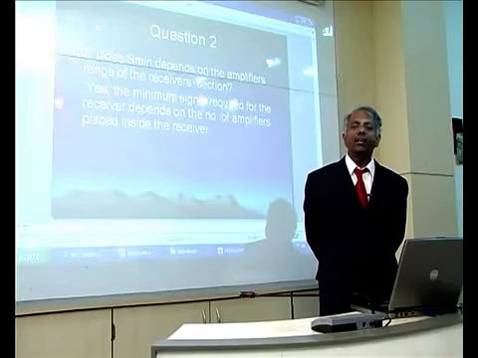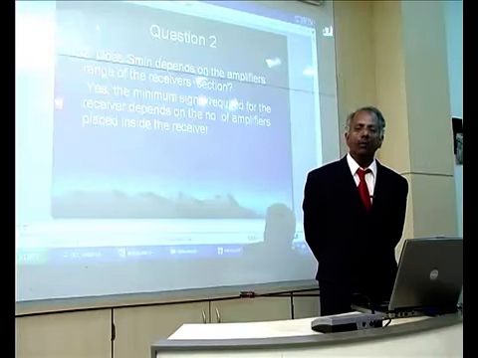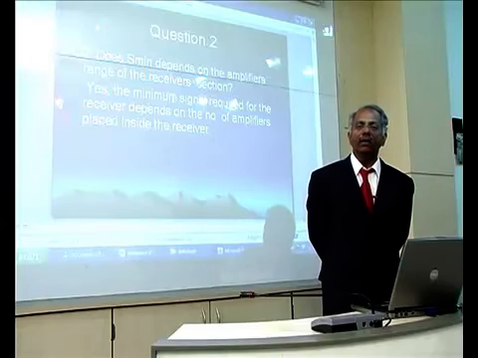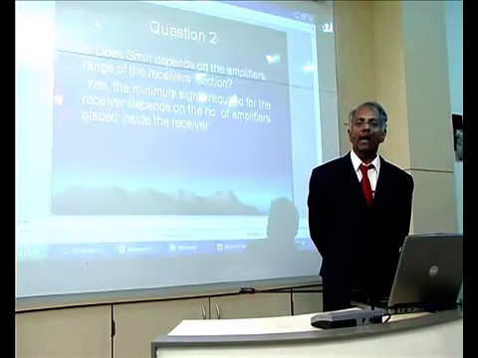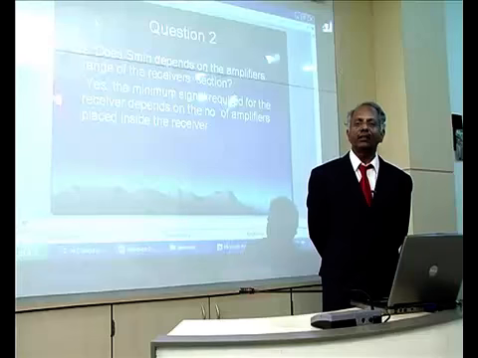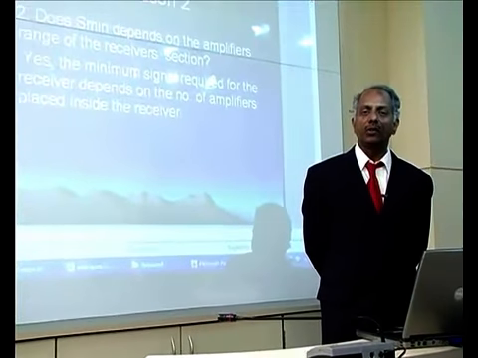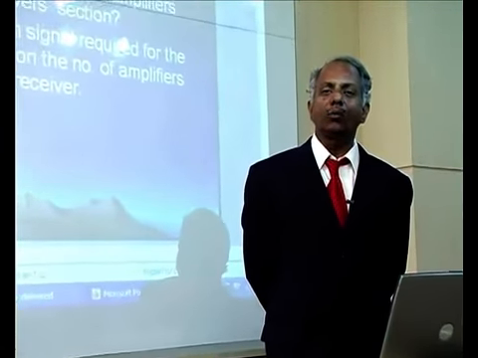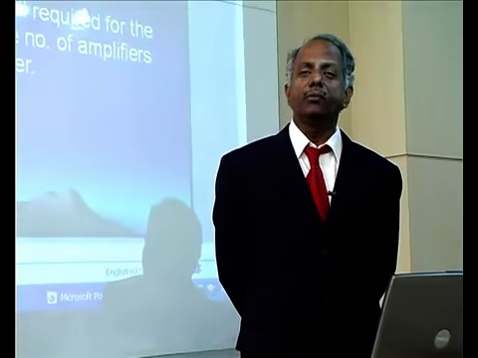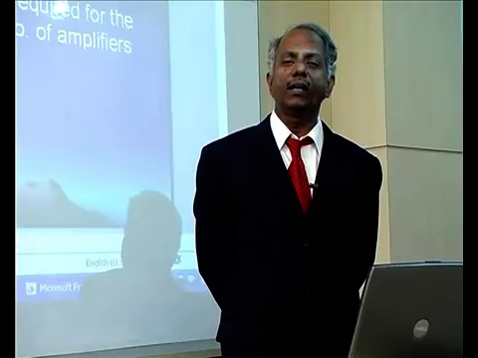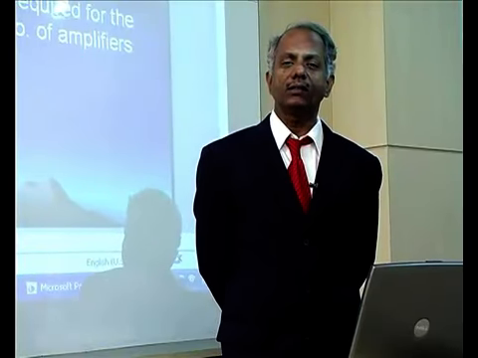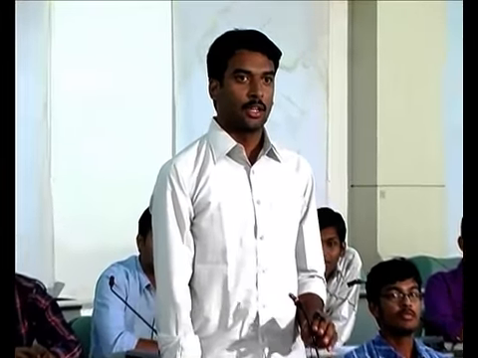That means if we have more amplifiers in the receiver, we can amplify a very low amplitude signal. Otherwise, we need a large amplitude input for the receiver to operate properly. So, the minimum signal required is directly related to the number of amplifiers present in the receiver system. It is known that radar cross section depends on look angle.